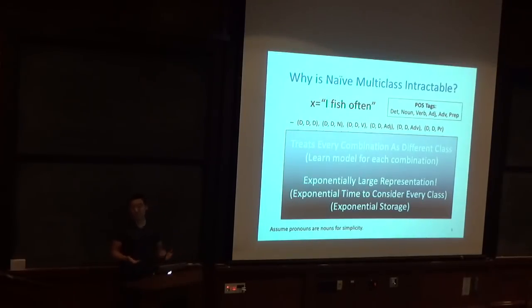This is challenging from both a statistical and a computational standpoint, because we have an exponentially large model representation of the phenomenon we're trying to capture, which means we need a lot of data to fit this model well, and we have a huge running time to actually make predictions in this model. And so it's bad in both ways.